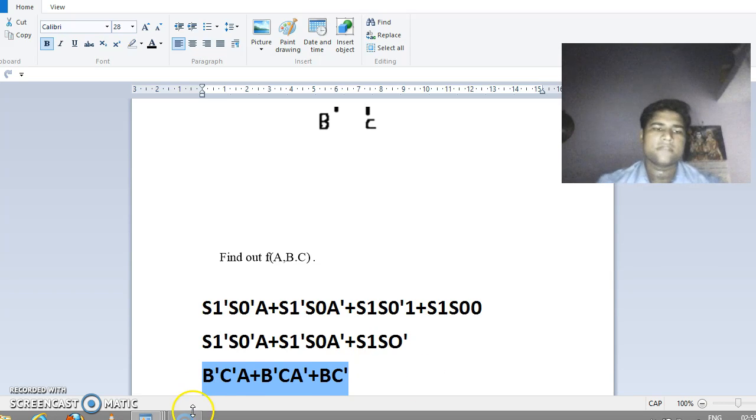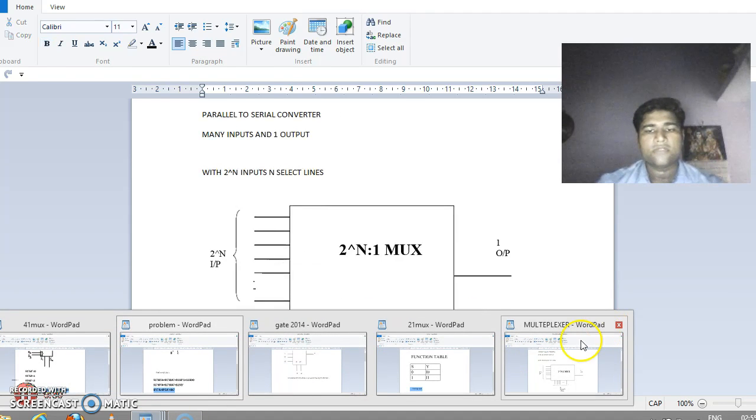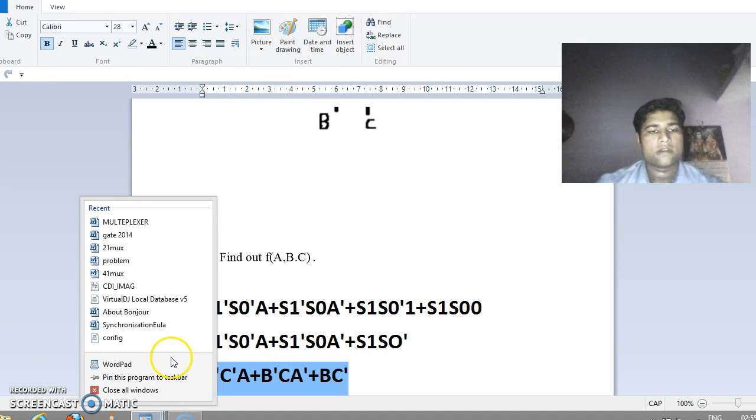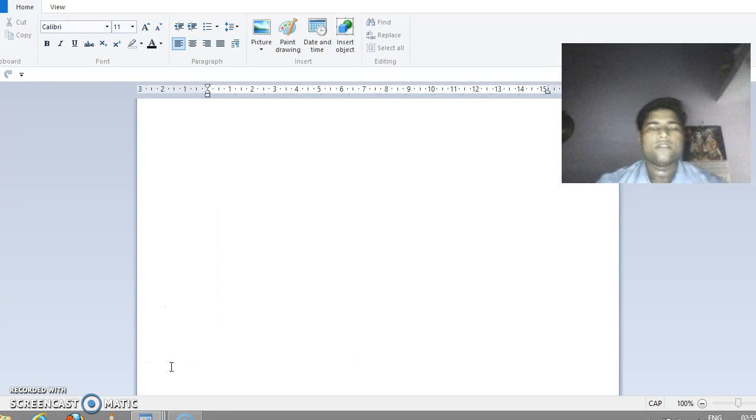Very simple. Now we will find out how many lower order mux are required to implement a higher order mux. For example, we have to design a 16:1 mux with the help of 2:1 mux.